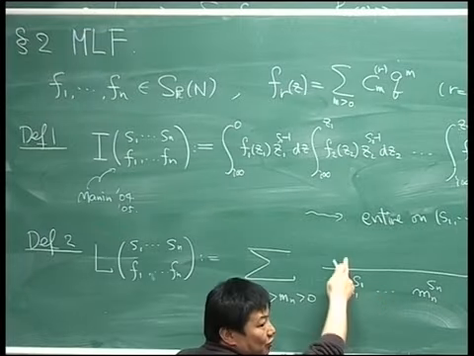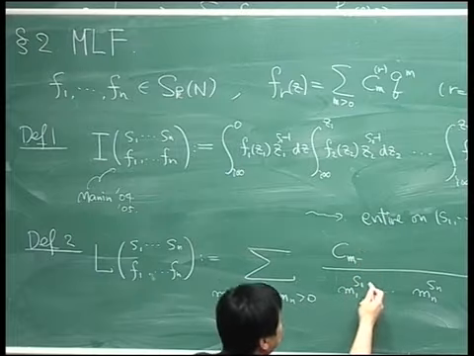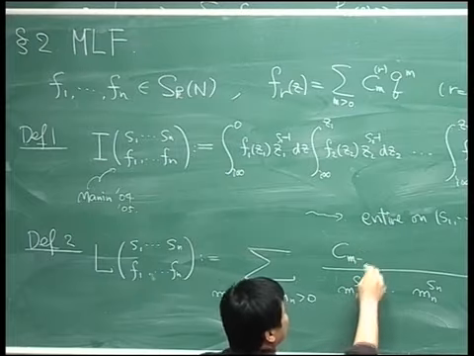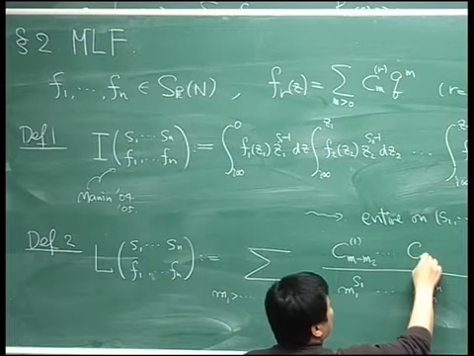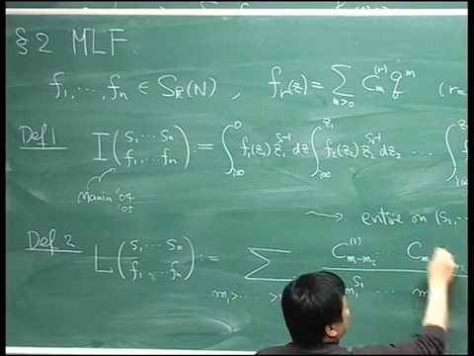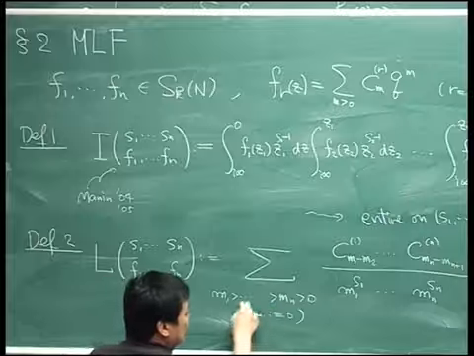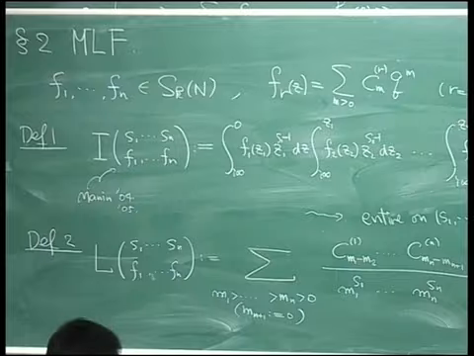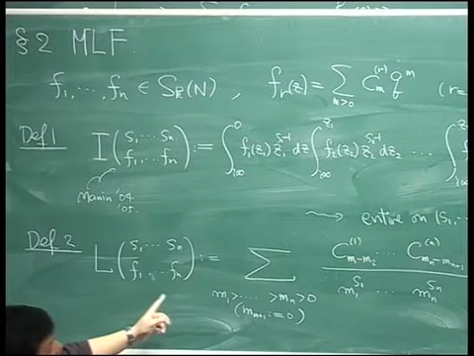You see the Fourier coefficient in the numerator, but please take care with the subscript n plus 1, and here the n plus 1 term is just 0. This is the definition of my multiple L function.